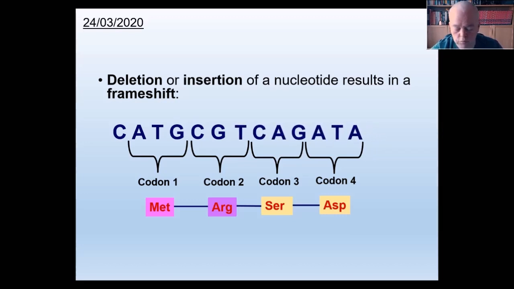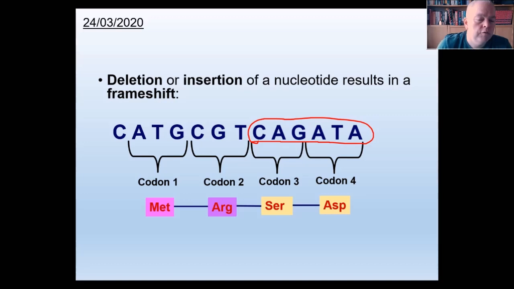And as you notice, as that one was deleted, we have a significant consequence in terms of what's called the reading frame. So we've gone from our particular sequence and we've now shifted all of the nucleotides that existed downstream of that particular deletion.